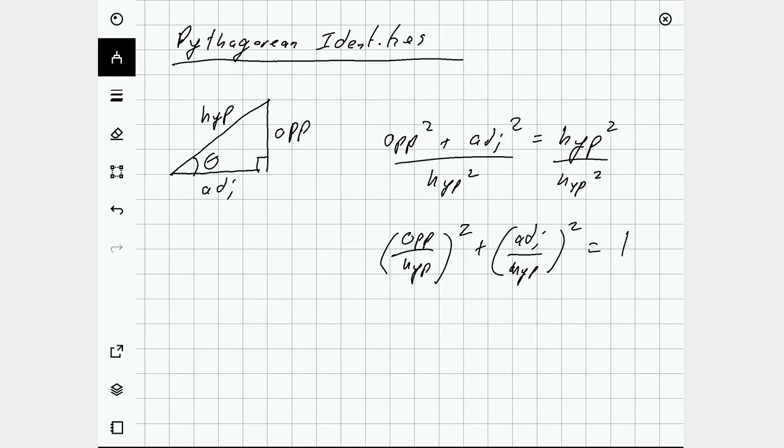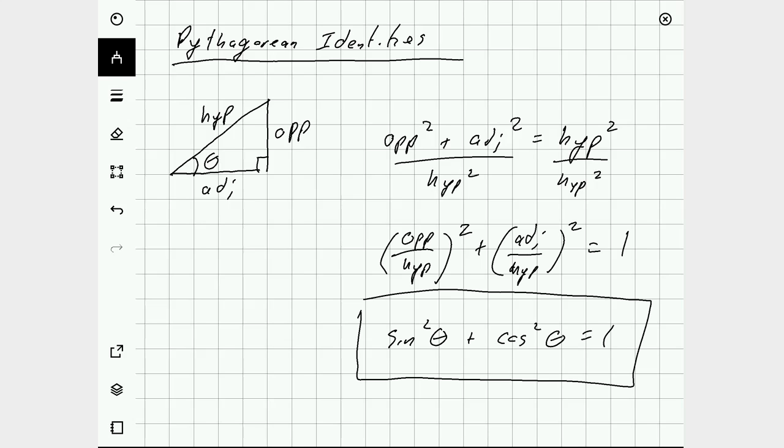Opposite over hypotenuse is sine. Adjacent over hypotenuse is cosine, giving us sine squared theta plus cosine squared theta is equal to 1.